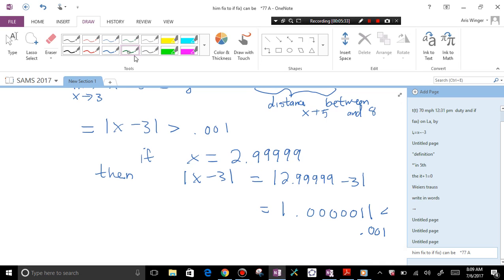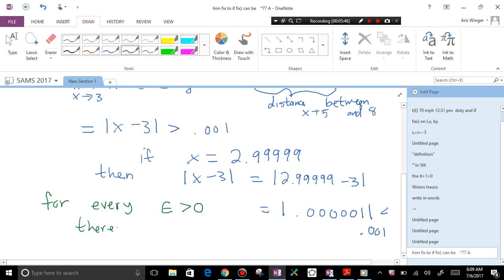And so what Weierstrass was able to say is that for every, and I'm not going to test you on this, this is for math majors, for every epsilon greater than 0, there is a delta greater than 0 such that the absolute value of f of x minus L can be made less than epsilon if the absolute value of x minus a is less than delta.